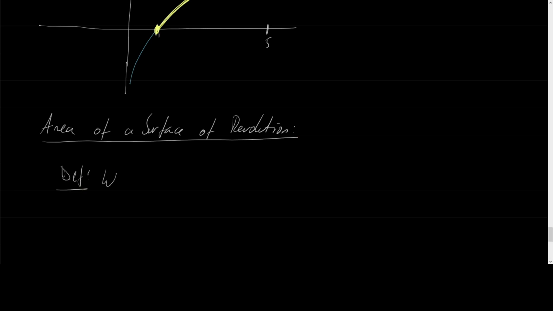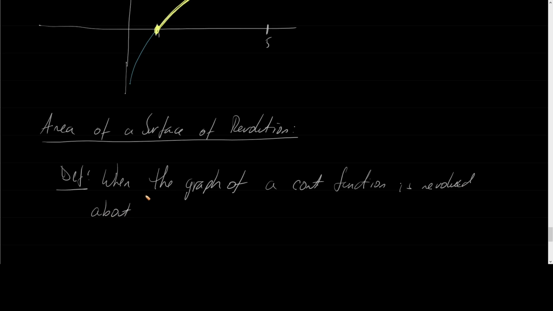When the graph of a continuous function is revolved about a line, the resulting surface is a surface of revolution.